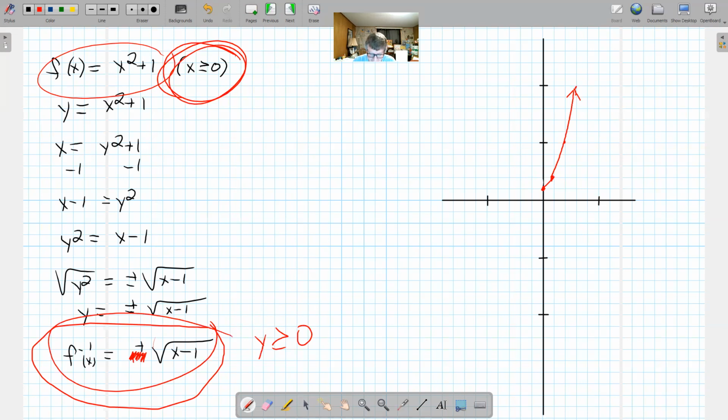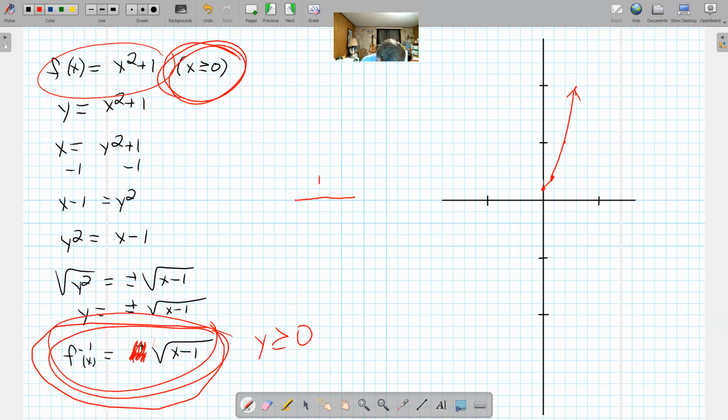Okay. Now let's graph this. f inverse of x equals plus the square root of x minus 1. We don't need the plus, it's implied. Okay. Well, let's see here. We'll go ahead and keep this in red.